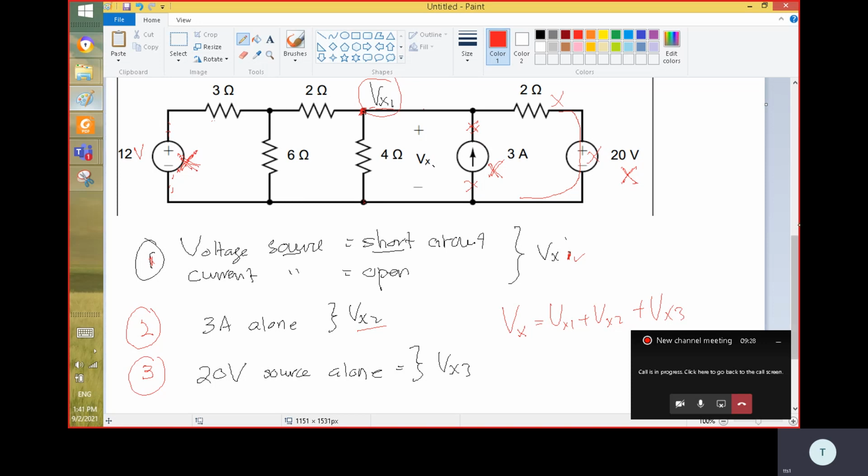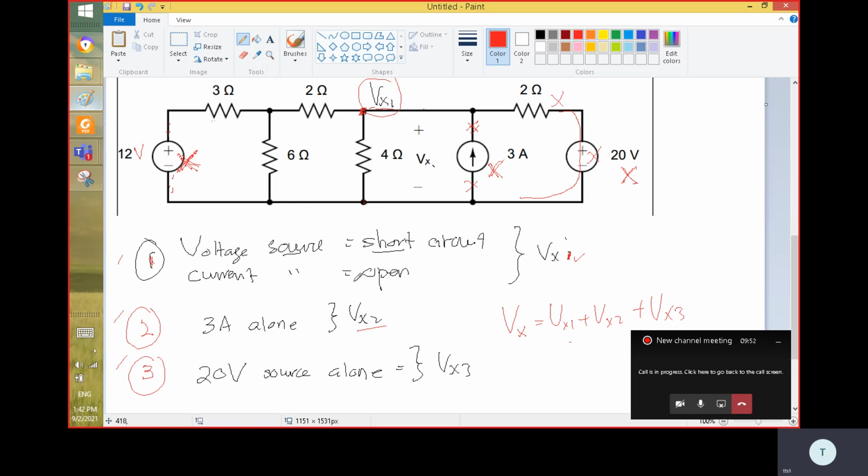This method is called superposition. That means at each step here, we remove certain current sources or voltage sources, and then eventually we combine all the voltages here to know this final Vx value. That means you need to perform 3 steps. Every step you need to remove certain voltage sources or current sources.